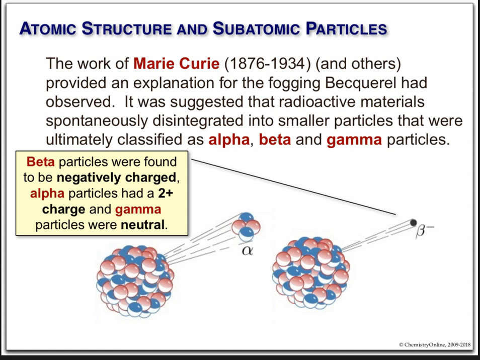Proton stays behind, the electron whizzes out. The electron, of course, is -1. This has 2 protons, 2 neutrons. It has no electrons, so it's a +2. Any questions?